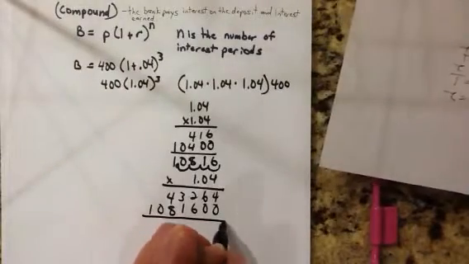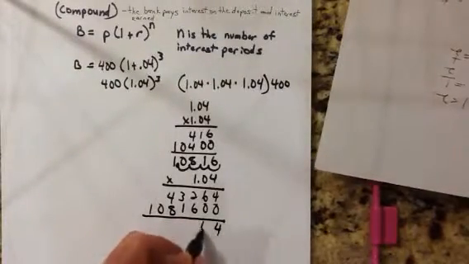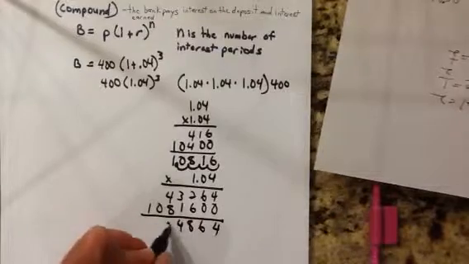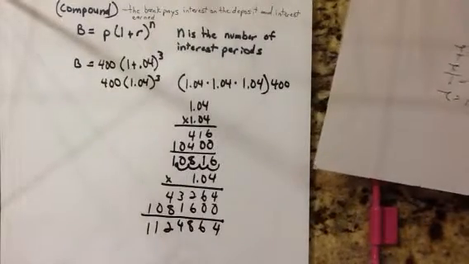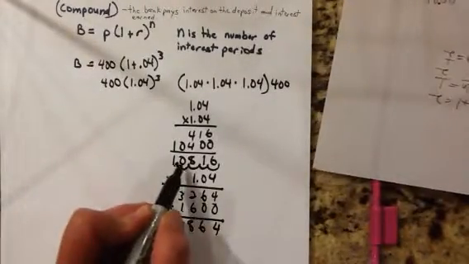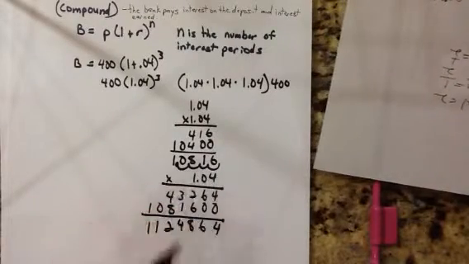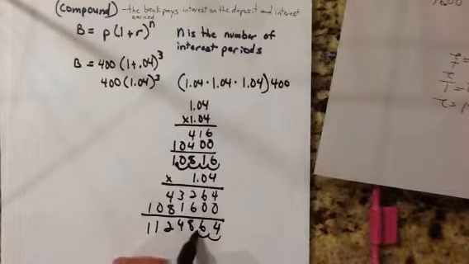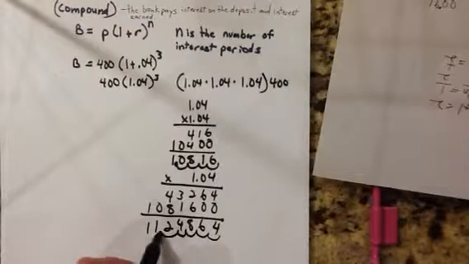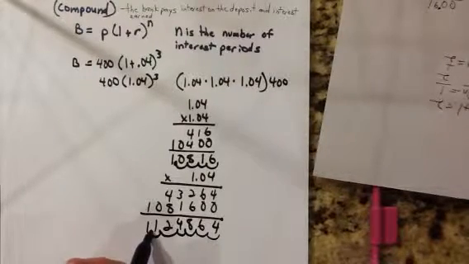Whew, numbers are getting big. Okay, so now I have 1, 2, 3, 4, 5, 6 behind the decimal.